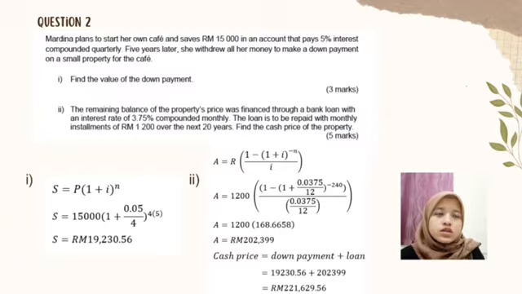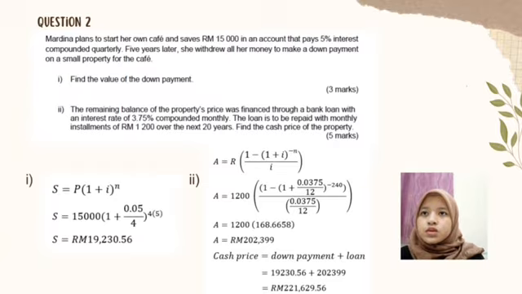Next, find the cash price of the property. For this question, we're going to use the formula that I gave, where R represents the monthly payment, K is the interest rate, m is the number of periods per year, and t is the number of years for the loan. So, R equals 1,200, K is 3.75%, m is 12, and t is 20.